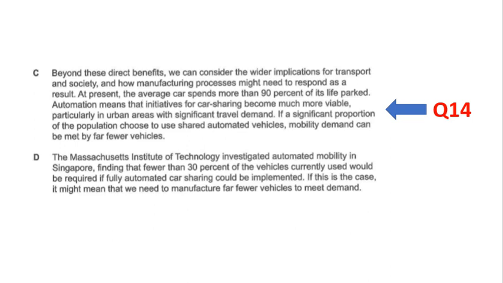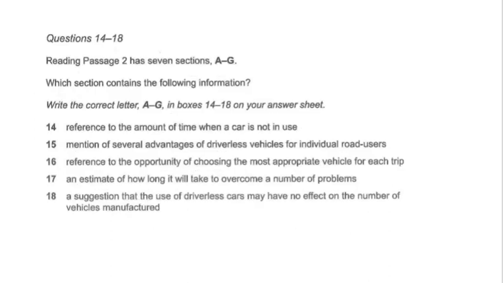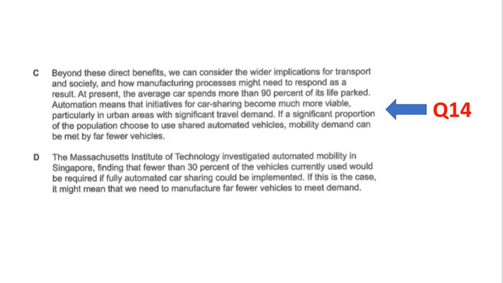Have you seen that word, guys? So 90% of the time the car is parked. What is the meaning of car is parked? It means that no one is using it. It's not in use. So directly let's go back to our statement. Number 14. Reference to the amount of time when a car is not in use. And how much is the time? 90% of its life.